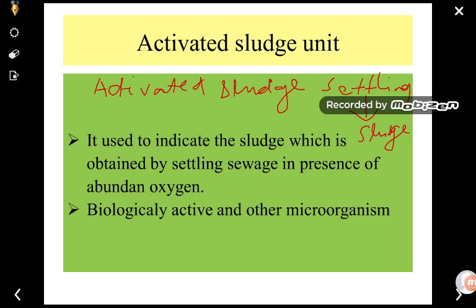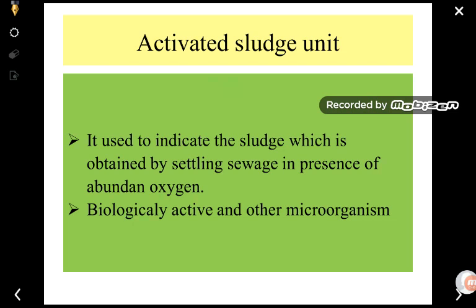So activated sludge can be obtained by settling the sewage in the presence of abundant oxygen.